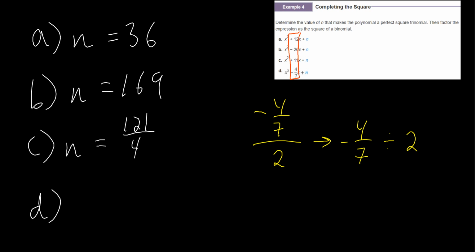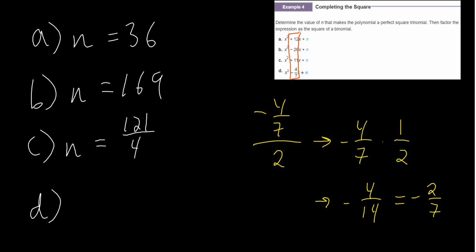Or we can write that as times 1/2, right? Because we can multiply by the reciprocal. So now we end up with negative 4 over 14. Or, in other words, that can be reduced to negative 2 over 7.